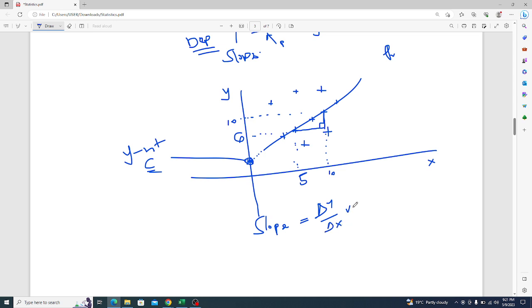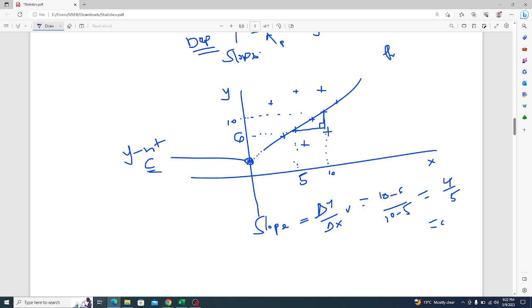So change in y, the vertical change, is 10 minus 6, divided by 10 minus 5. That would be 4 divided by 5.